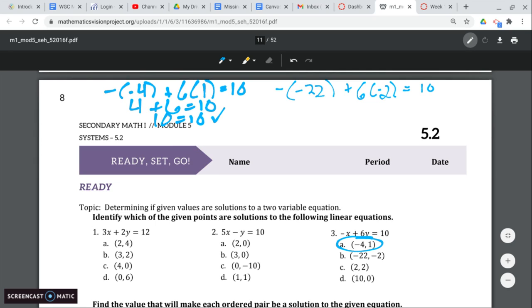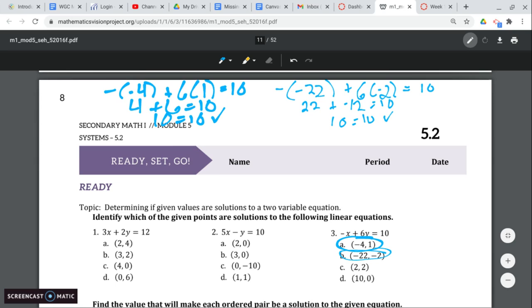Y will be the second value in the ordered pair. So negative negative 22 is just 22, plus 6 times negative 2 is negative 12, equals 10. 22 plus negative 12 is going to give us 10. So 10 equals 10. This is also true.